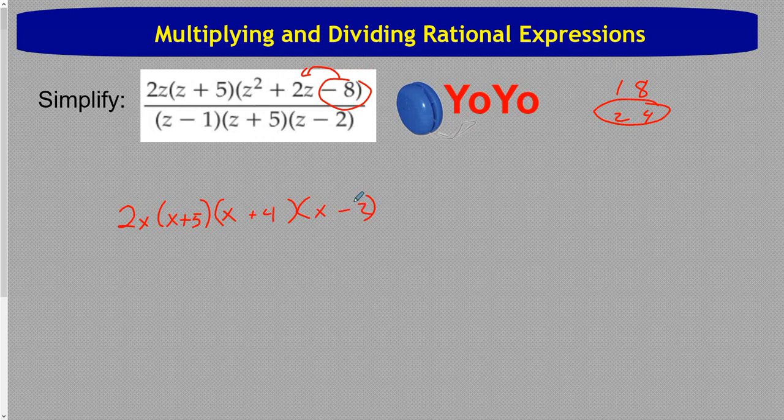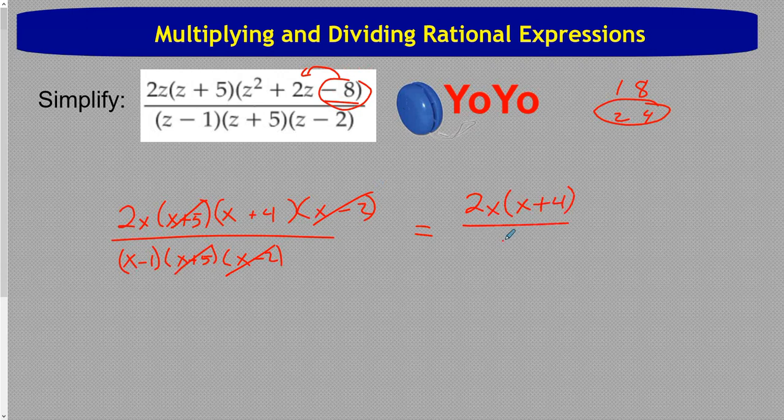And then positive 4 times negative 2 gives me the negative 8, which is what we want. So that's good. All over x minus 1, x plus 5. I've got an x plus 5 on top and an x plus 5 on the bottom, an x minus 2 on top, and an x minus 2 on the bottom. So this is the same as 2x times x plus 4 over x minus 1.